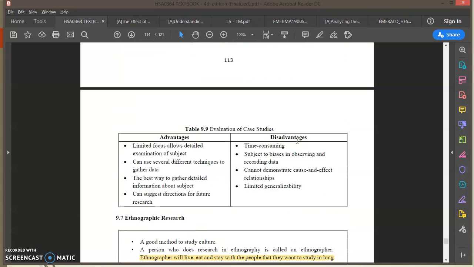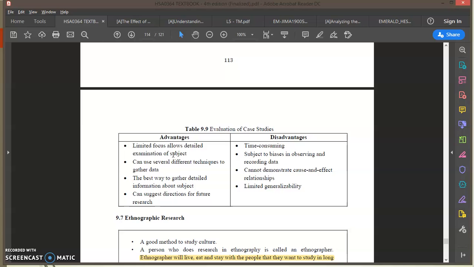Okay, so let's look at the advantages and disadvantages of a case study. The advantage is it has a limited focus, and because of that, it allows a detailed examination of a subject, because you focus particularly on a few cases.